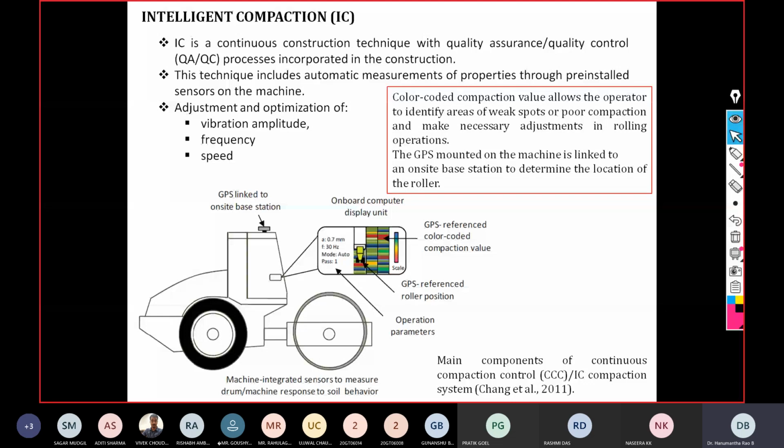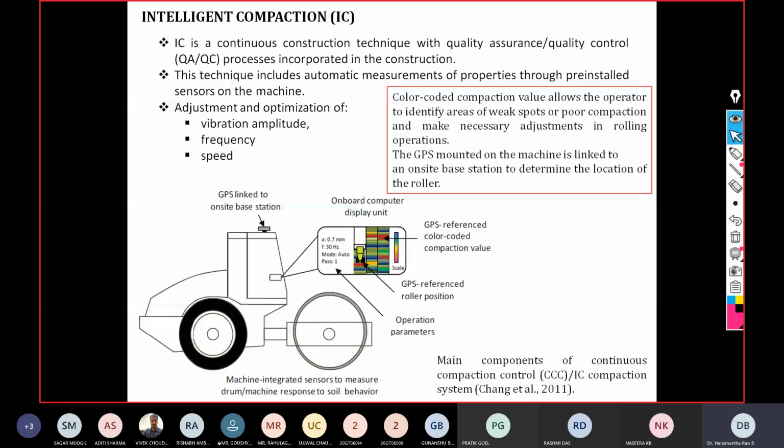Interactive means the limitation with the current static approach is that we are simply deciding the length of, say for example, a road length of 1 kilometer, and you are uniformly applying the compaction without bothering about whether it is achieved. There is also one more limitation regarding the gamma D field.